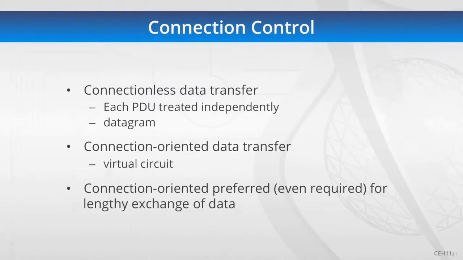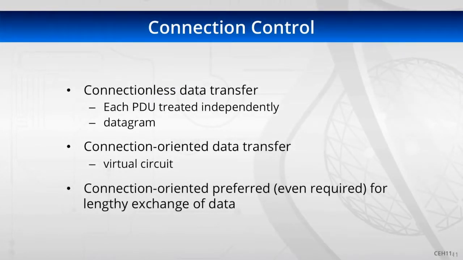That's your sequence number. If we can predict that sequence number in a connection-oriented data transfer, we can take over. We want connection-oriented from a security standpoint. We also want it for lengthy data exchanges.